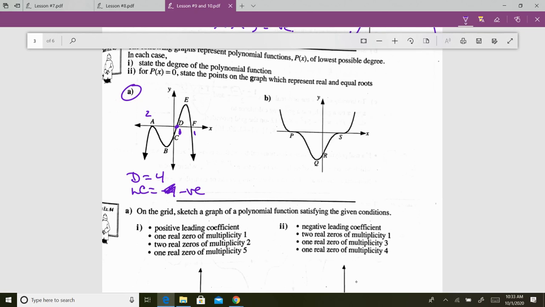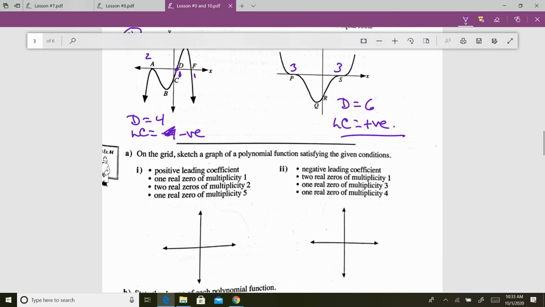Because it is a point of inflection. What about S? So what's the degree? Leading coefficient is positive because both arms are up.